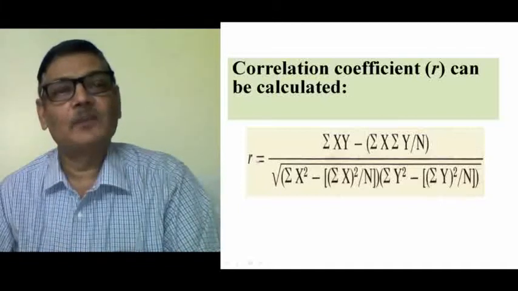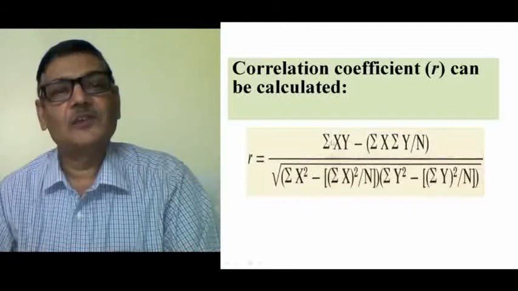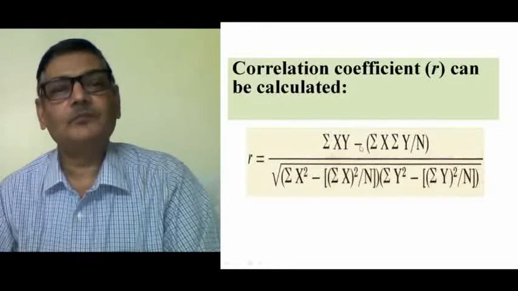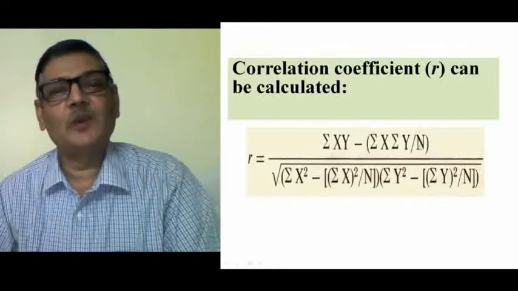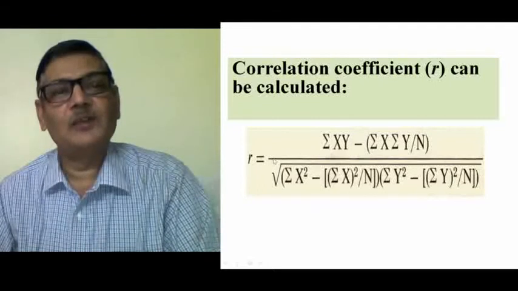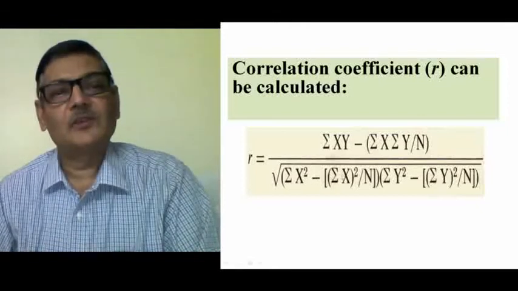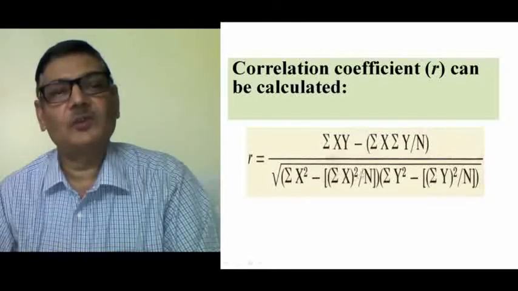That is, r is equal to the sum of xy minus the sum of x into the sum of y divided by n, and this whole will be divided by the square root of the sum of x square minus the sum of x whole square divided by n, into the sum of y square minus the sum of y whole square divided by n.